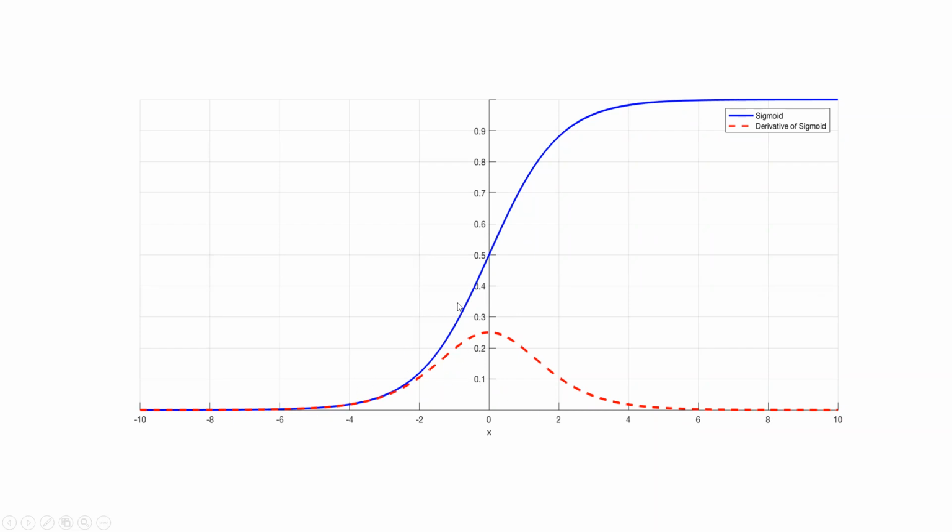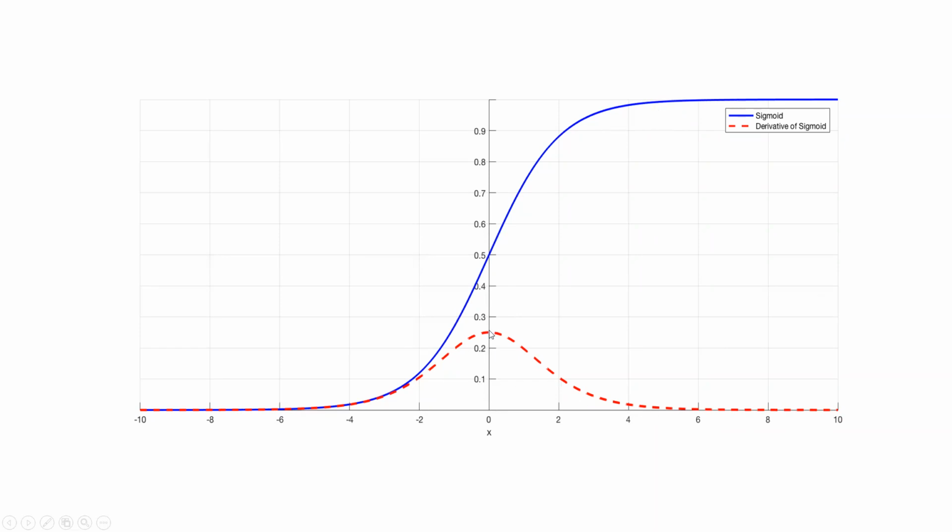instead of being squashed between 0 and 1, so whatever value comes in along the x-axis, whether it's negative or positive, it's going to be squashed between 0 and 0.25. So this is a theoretical concept, a derivative of the sigmoid or logistic function.